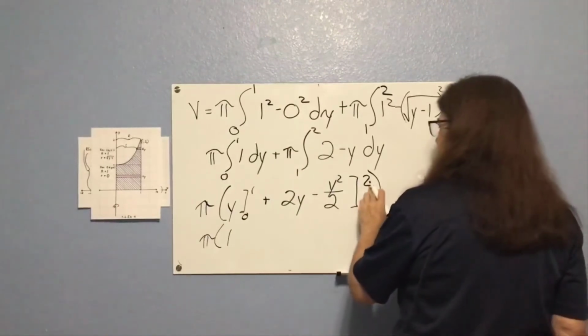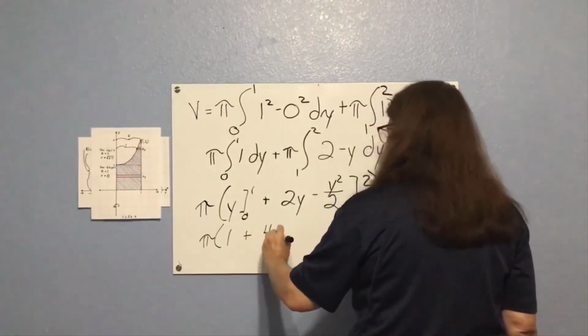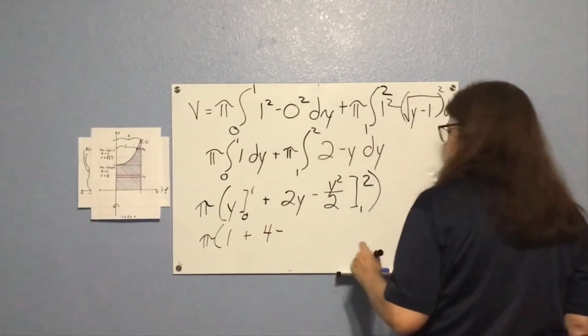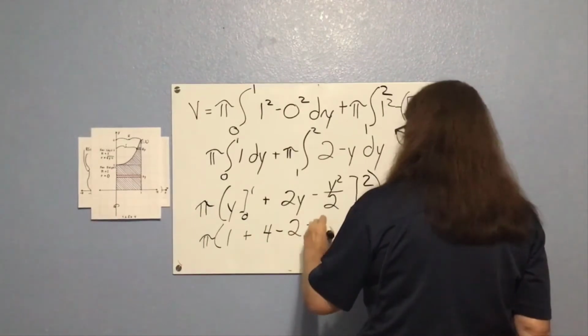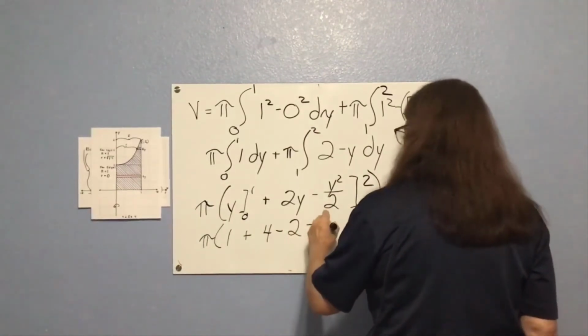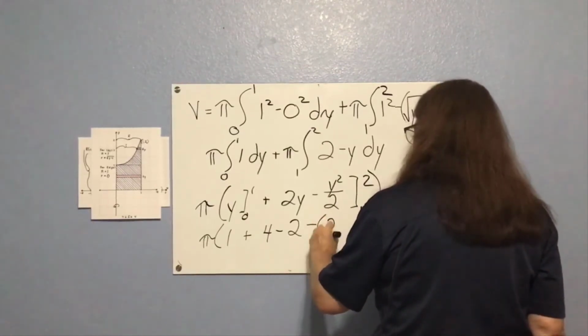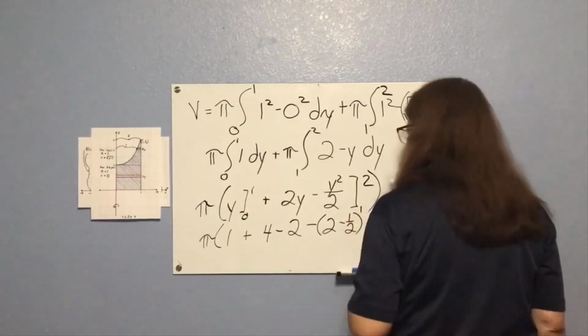This one, when y is 2, I'm going to have 4 minus 2, and then I'm going to subtract the values for y at 1, which gives me 2 minus 1/2.